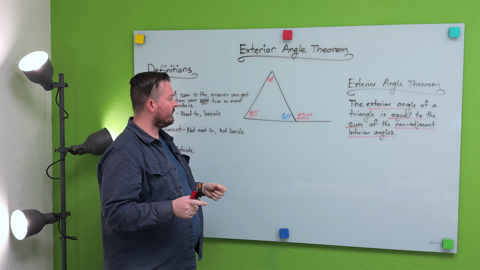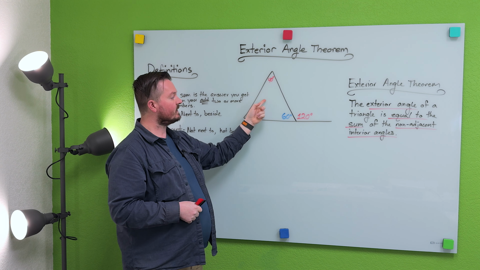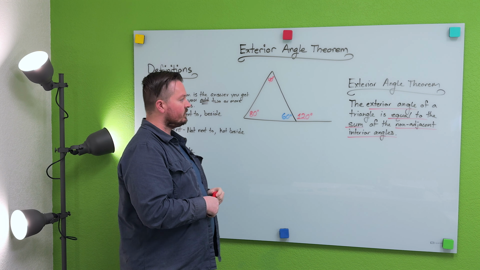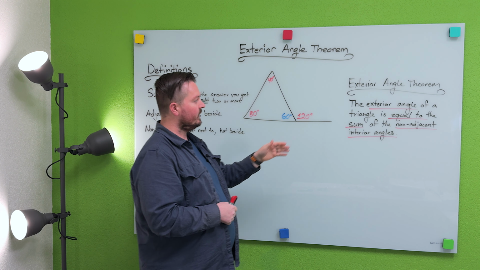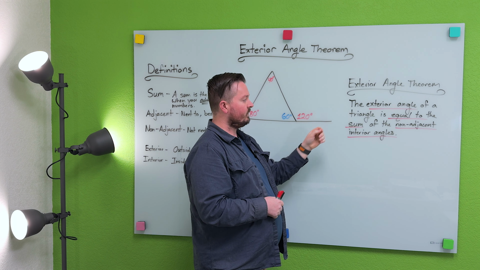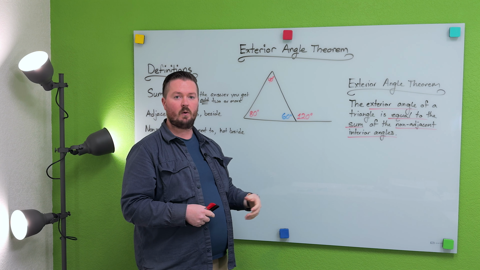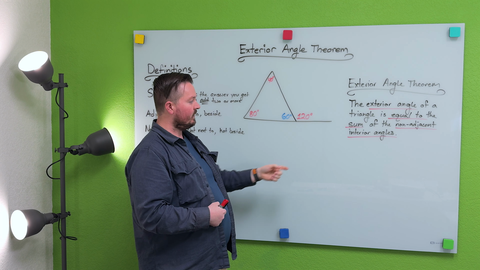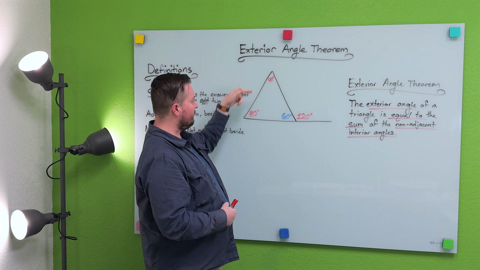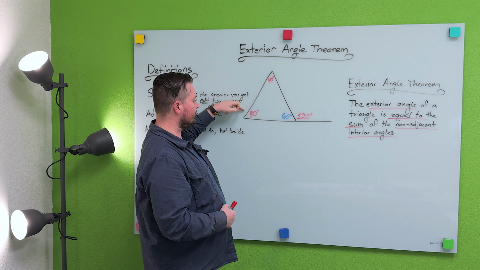But not only that, these are interior angles because they are inside of the triangle. So to reiterate, the exterior angle theorem says the exterior angle right here of a triangle is equal to, or it is the same as, the sum of the non-adjacent interior angles.